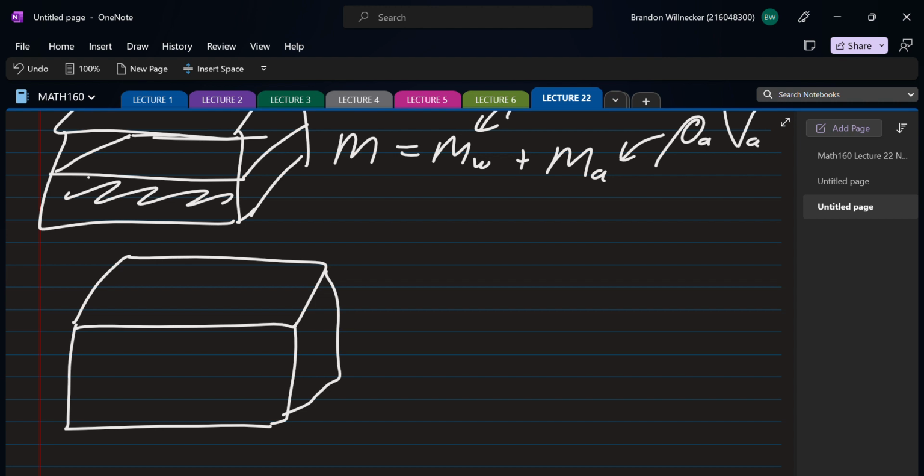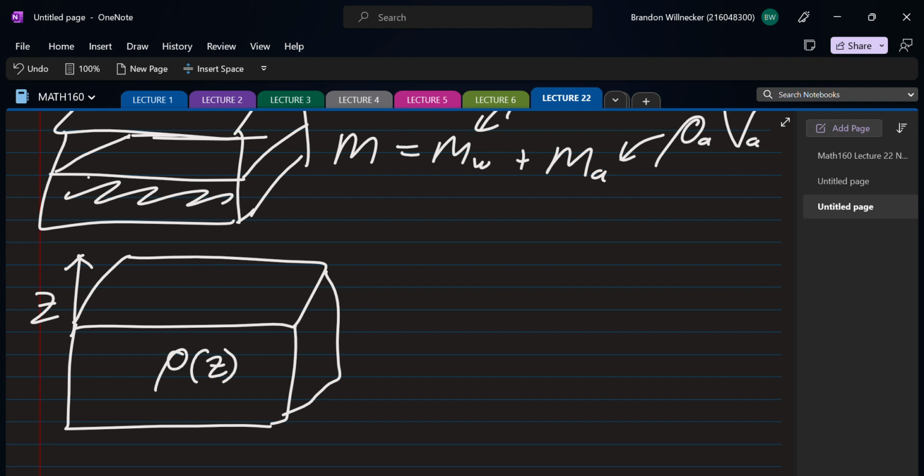We've got a box, but now we're not going to have individual layers. We're going to have a density function across this. So let's say this is Z, and across this we're going to have rho of Z. So now at every point there's a different density depending on where you are.